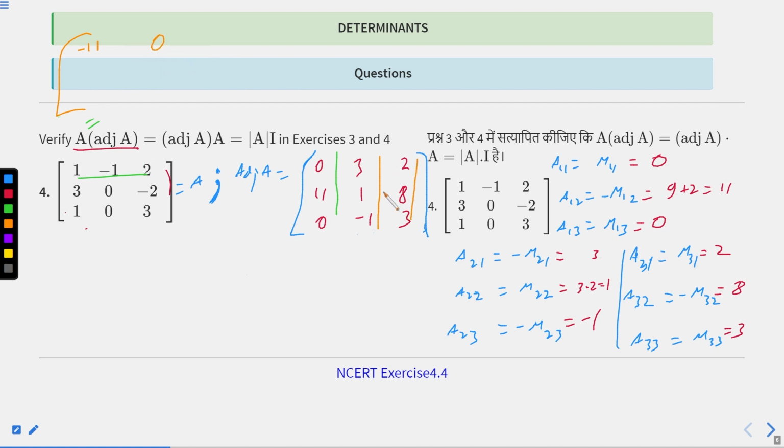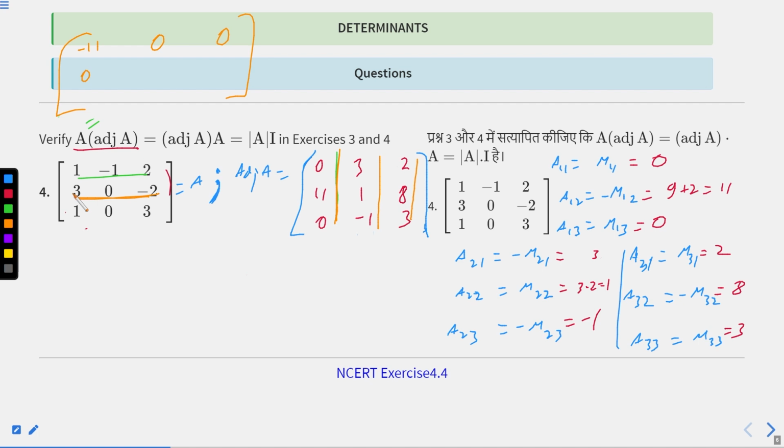Now multiplying with this: 2 minus 8 6, this will be 8 minus 8 means 0. Now 0 0. This going to multiply with this, so 0 plus 0 plus 0, you will have 0.